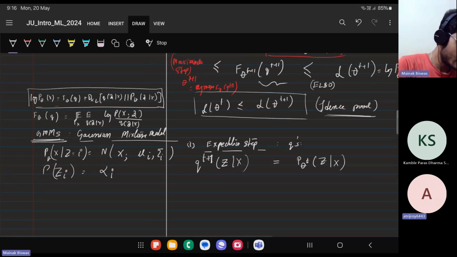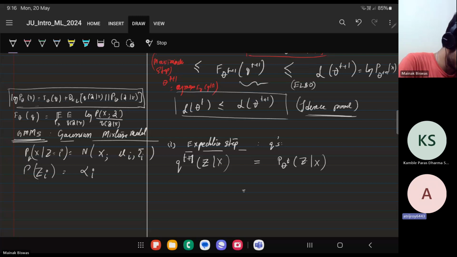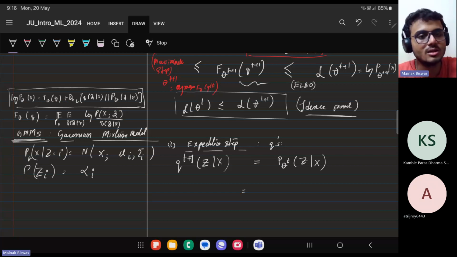There was one expectation, F theta q. I told you that is for one data point. Now x is also a list of data points; it is a data distribution. I told you it was over one data point, so it is over the entire data set.